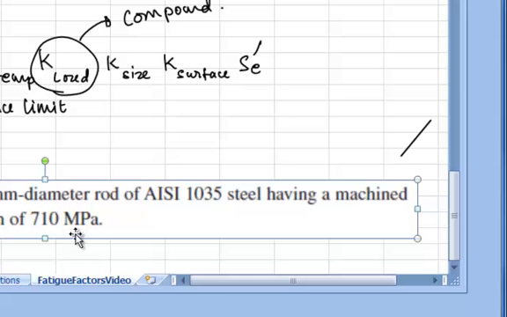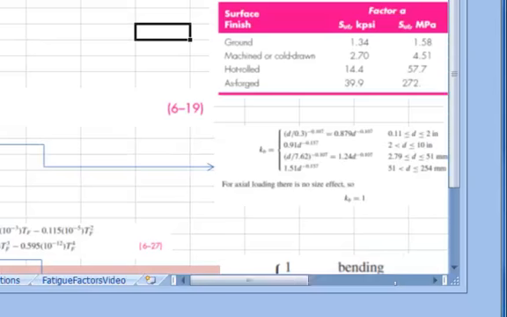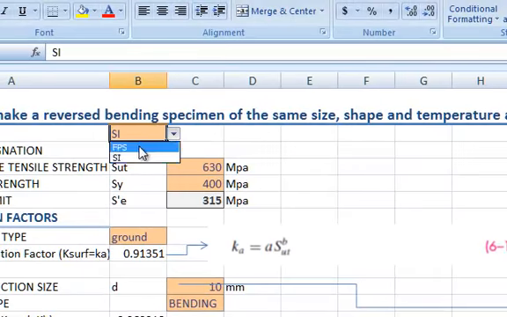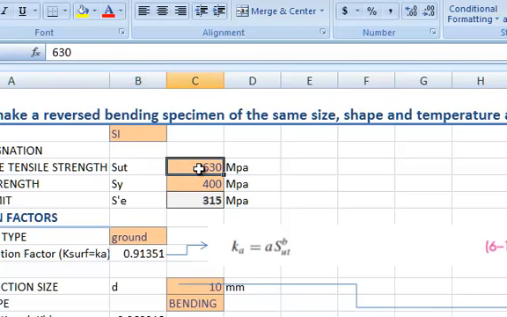I have a nice little Excel program that will compute everything, because I don't want to sit and look up the graph because you can't see it. I have all of them nicely written up. So here it is. We start out by choosing SI units and I need my ultimate tensile strength, which is 710 megapascals.